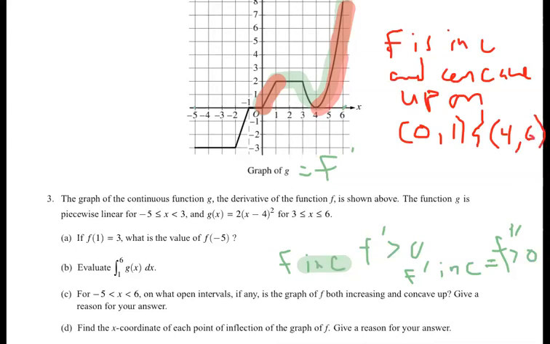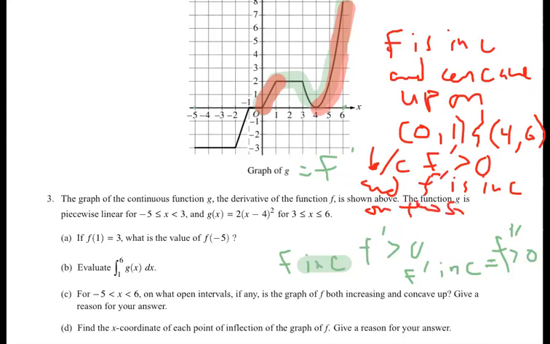And it says give a reason, so the reason is because f prime is greater than 0 and f prime is increasing on those intervals. So that would be the answer for part C.